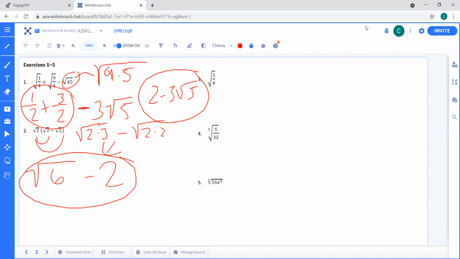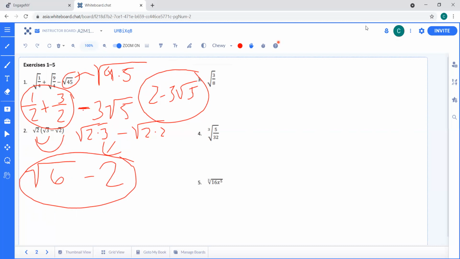All right, let's do number 3. Square root of 3/8. We don't like that, do we? Because neither one of those are perfect squares. So what do we want to do? Let's do this.